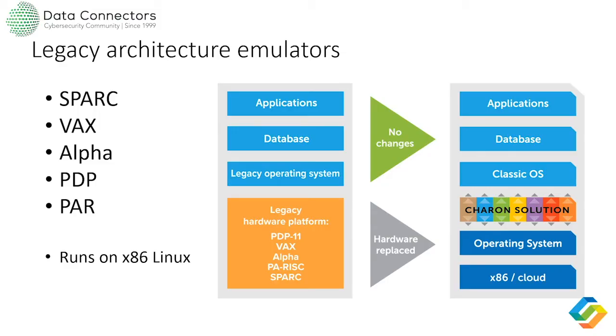Stromasys has developed several architecture emulators for SPARC, VAX, Alpha, PDP, PA-RISC, and those allow you to run your application anywhere that x86 Linux will run. So any of the cloud architectures out there, which is really nice because they're pretty much cloud architecture agnostic. If you can make Linux run in it, you can make your legacy architecture run on a Stromasys emulator.